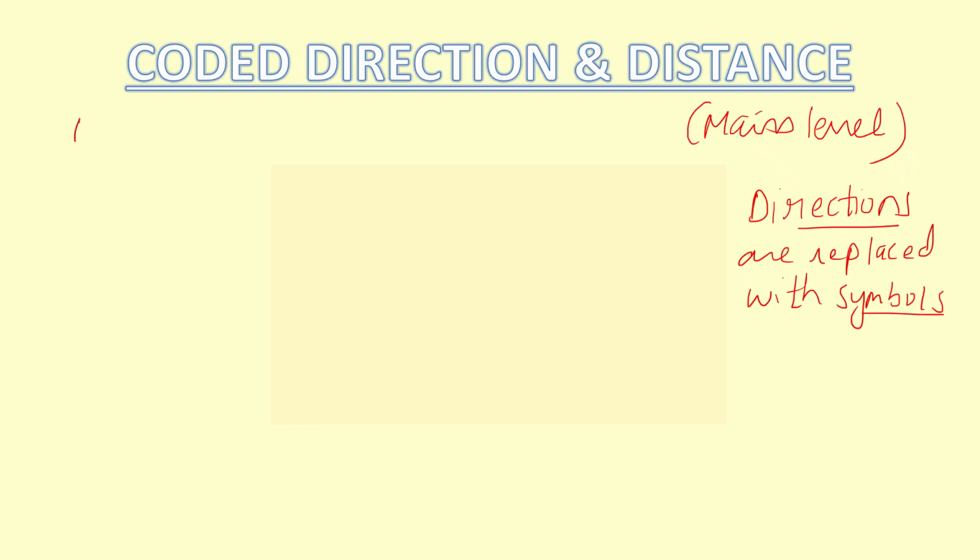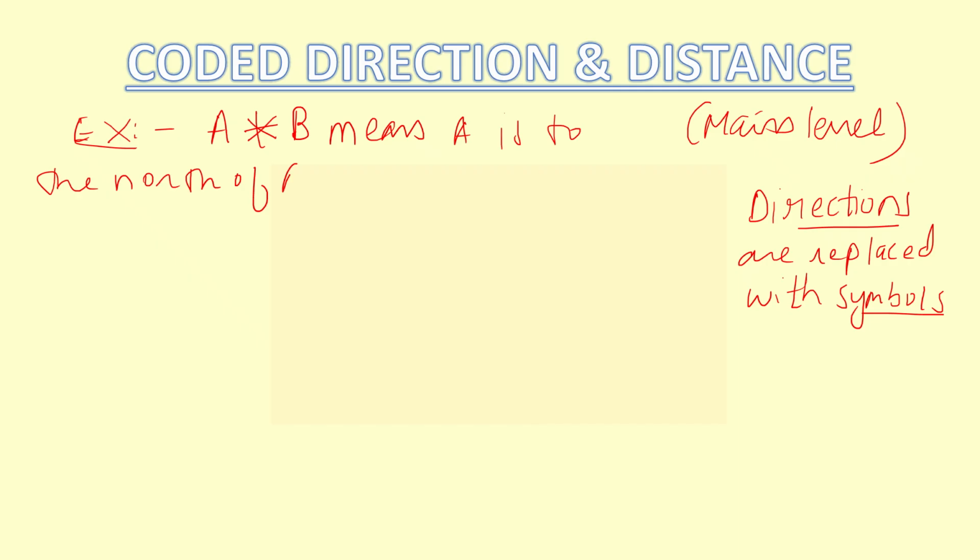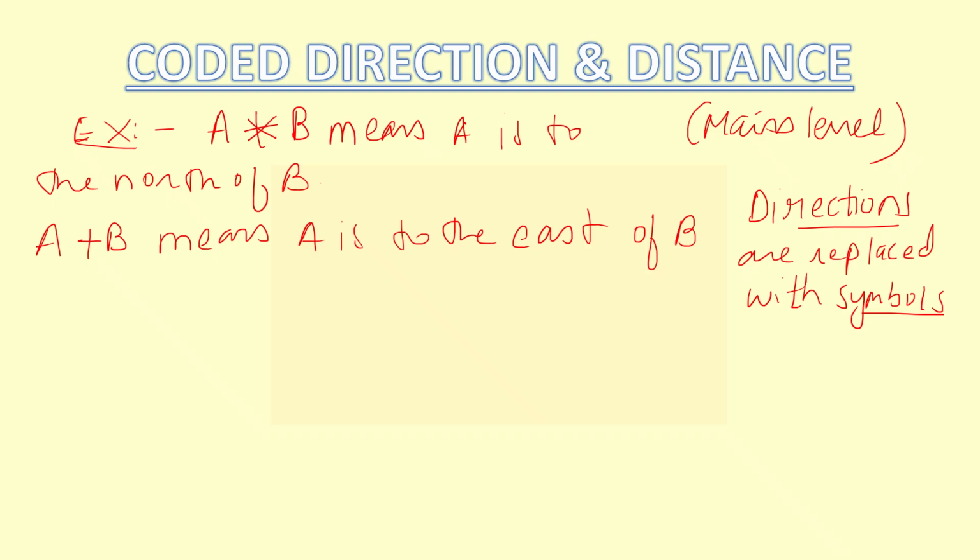For example, usually we get like this. A star B means A is to the north of B. A plus B means A is to the east of B. And they will give you some expression.